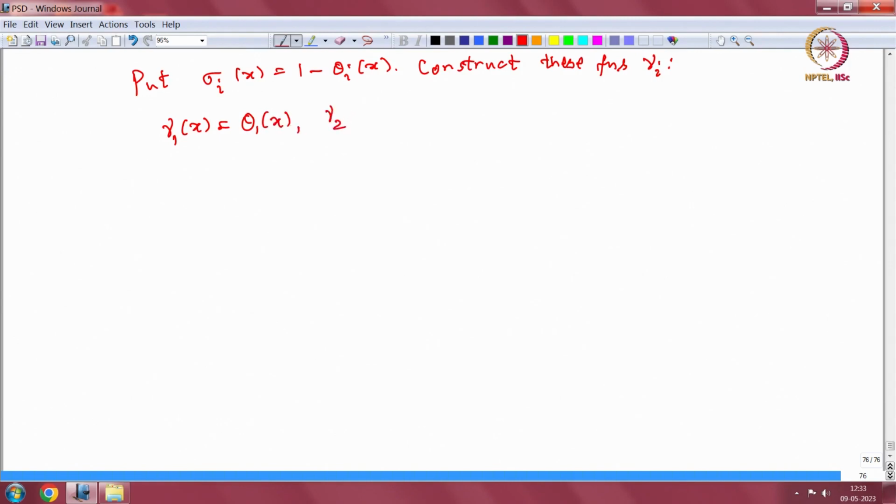Gamma 2 of x is sigma 1 of x times theta 2 of x. Gamma i of x is sigma 1 of x times ... sigma i minus 1 of x times theta i of x.